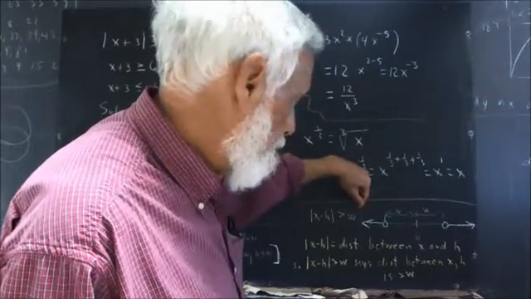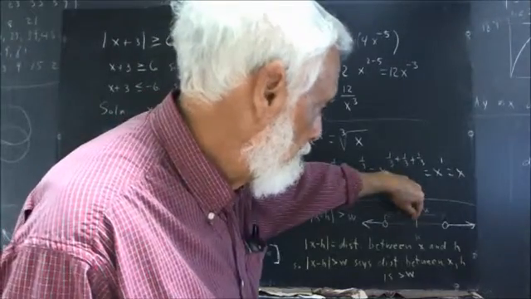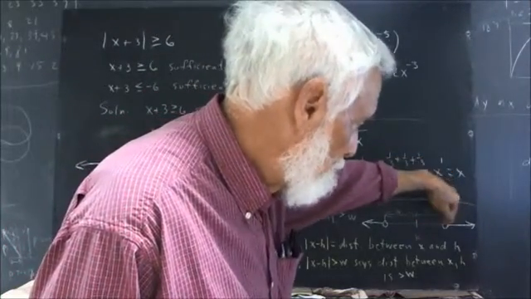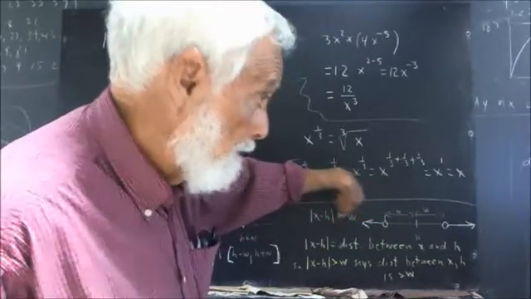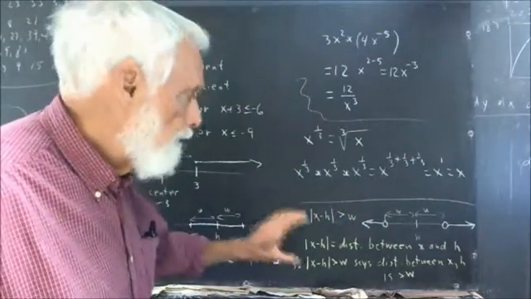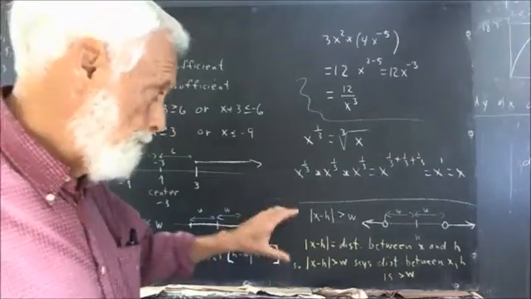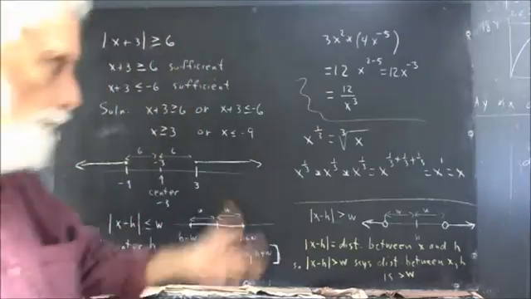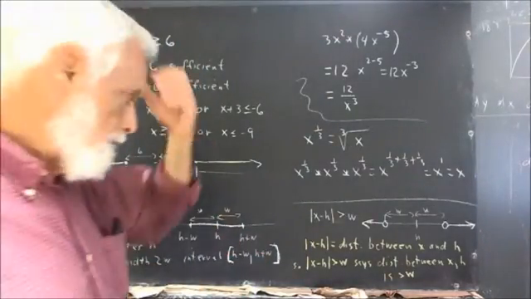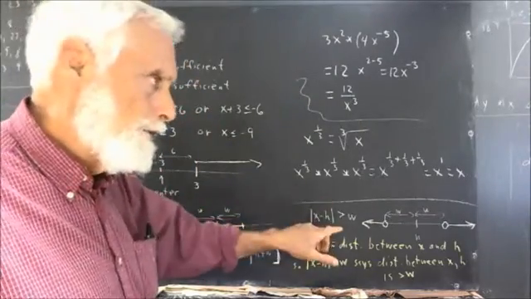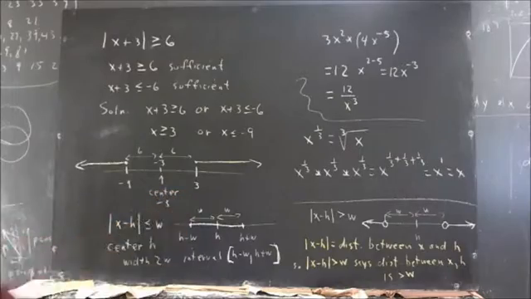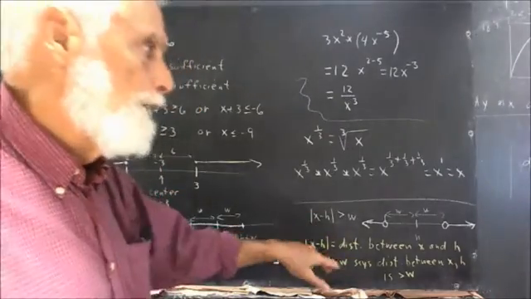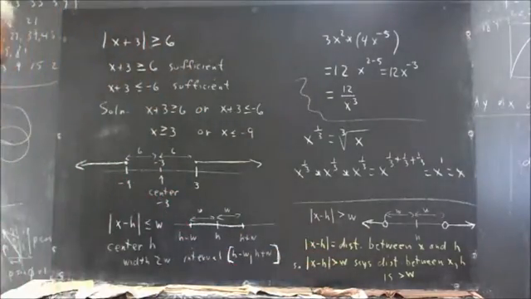To get an x that satisfies this, we have to move to a distance greater than w, which would be out here, or on this side, out here. So, again, there's a geometric connection in terms of distance. So you can do this graphing, you can get this interval, you can get these solution sets in at least three ways: algebraically, in terms of a distance statement, or in terms of a translation.